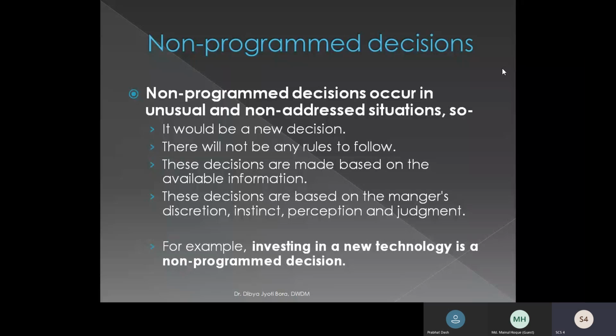But when you go for purchasing, the free one is okay, but when you go for purchasing this, then you have to compare the performance and the features, then only you can decide. And this is not going to happen on a day-by-day or month-by-month basis. It was once, in a situation like this, because of this pandemic. So it's totally unstructured, or we can say that the decision we have made is a kind of non-programmed decision. Very good. So I hope that these differences between programmed and non-programmed decisions are clear to you.